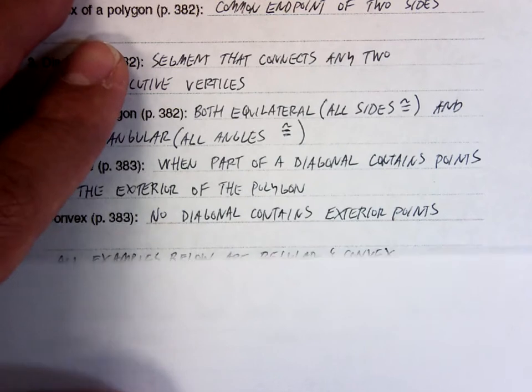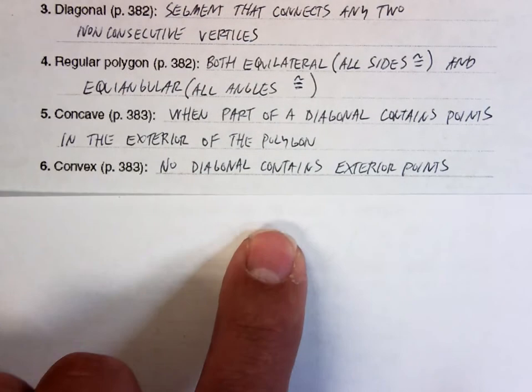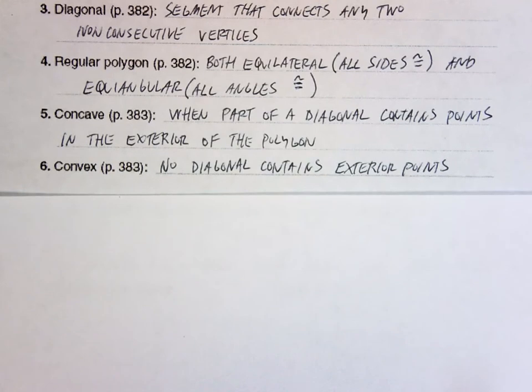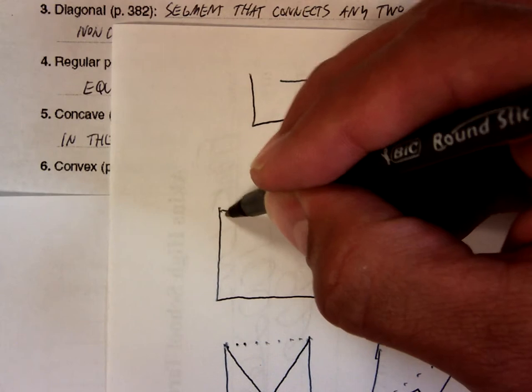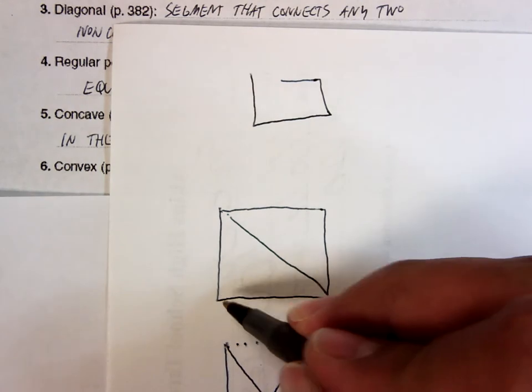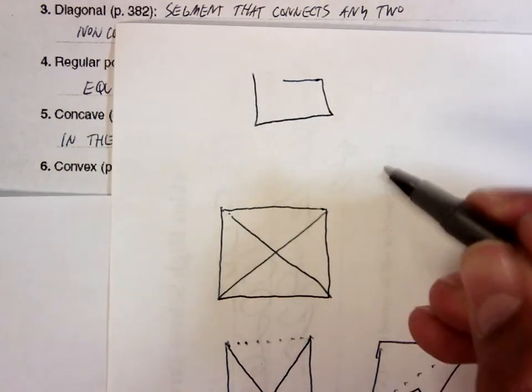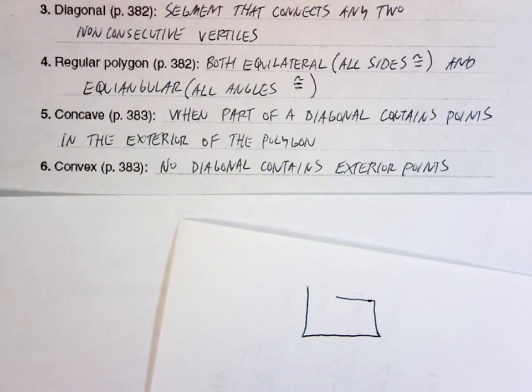And to be convex, it just means that every diagonal that I make lies on the inside of my polygon. For example, this shape right here. If I go from this vertex to this vertex, notice my entire diagonal is inside the polygon. And if I go from this vertex to this vertex, again, the entire diagonal is inside the polygon. That's what it means to be convex.